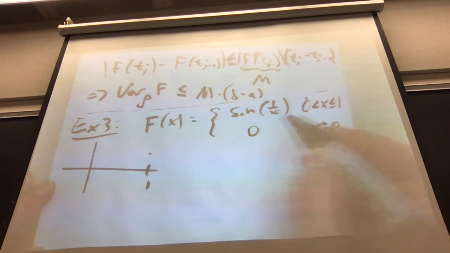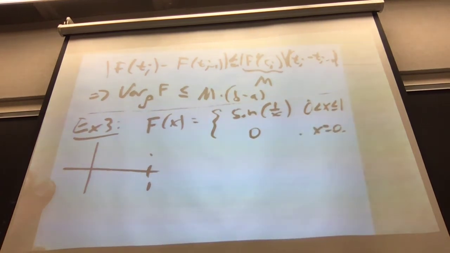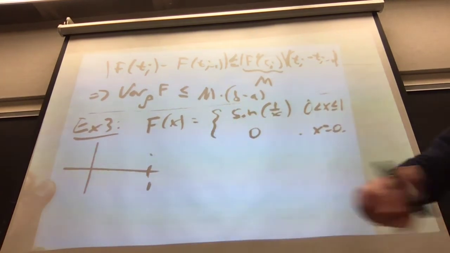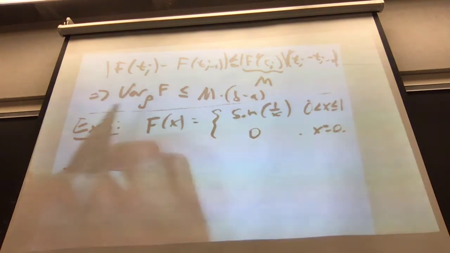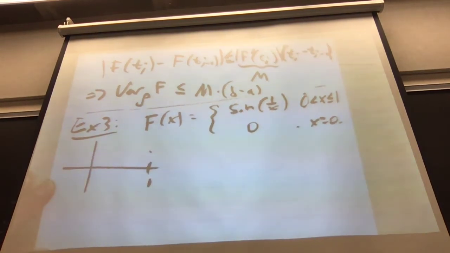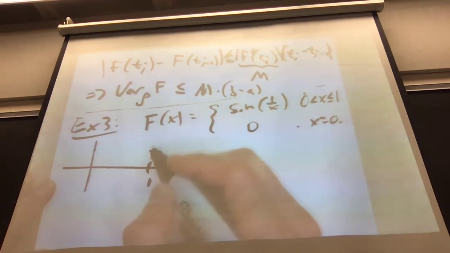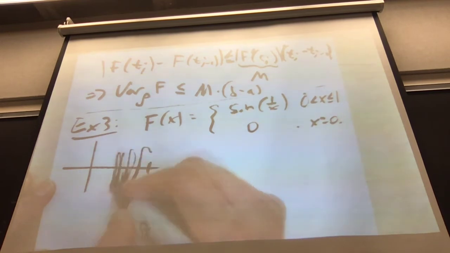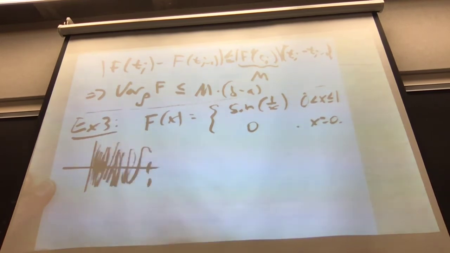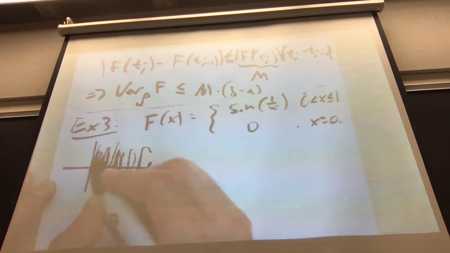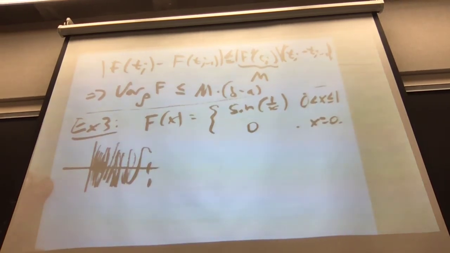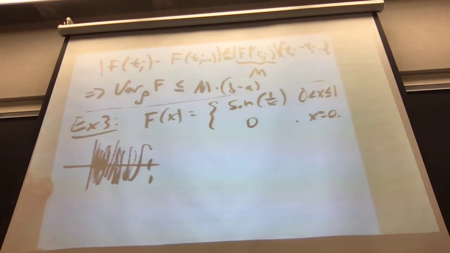And then it does sine forwards, the infinitude of sine, and then backwards. And then it has no value at 0, so let's make it equal to 0. So it's continuous, except at 0.